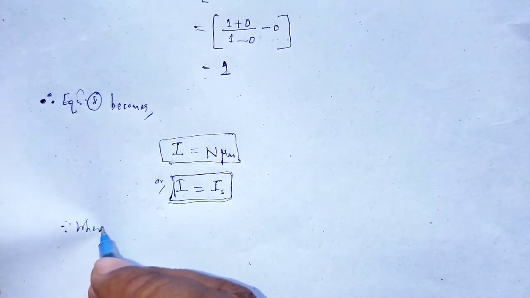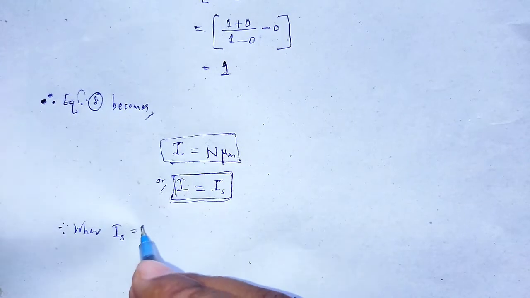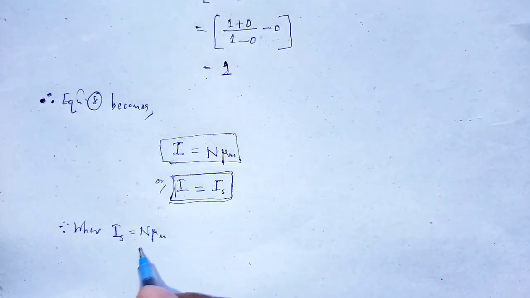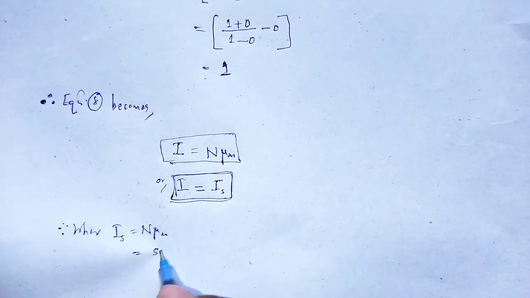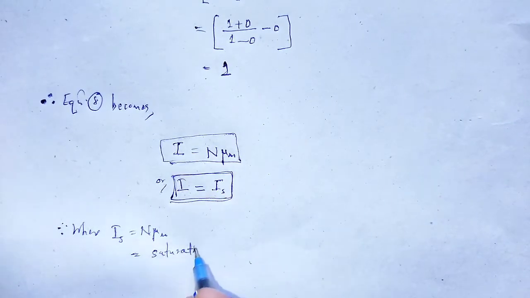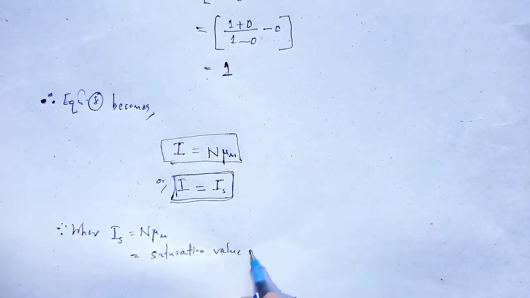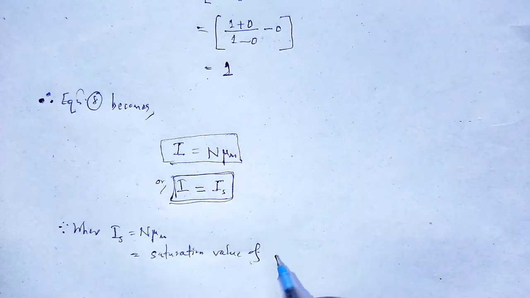where n mu m is the saturation value of intensity of magnetization.